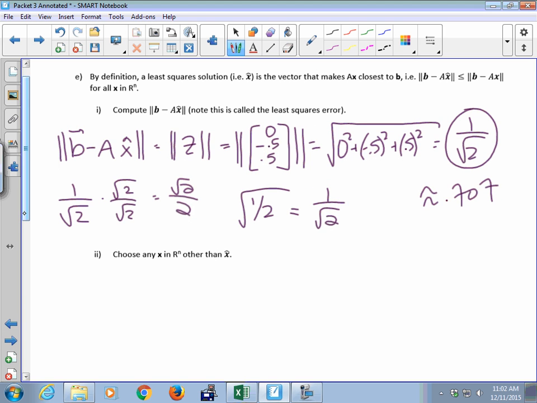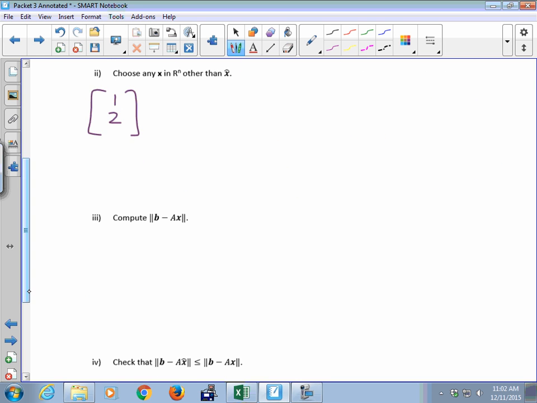Now I want to pick any other x in Rn, anything other than x hat. We're dealing in R2 here, so pick a vector in R2. (1, 2). Now I'd like to compute the distance from b to Ax with the x that Rob just picked.